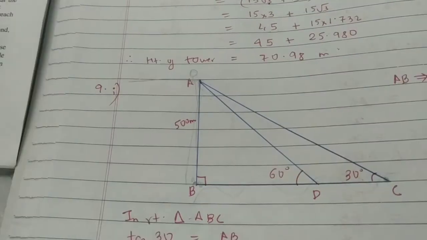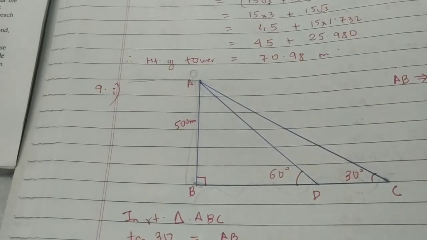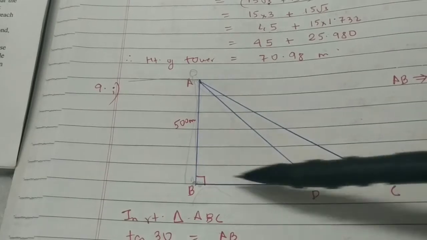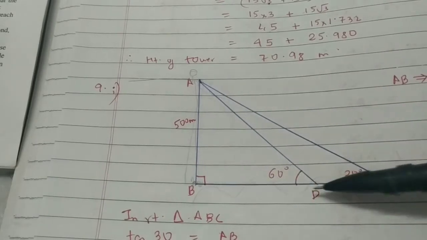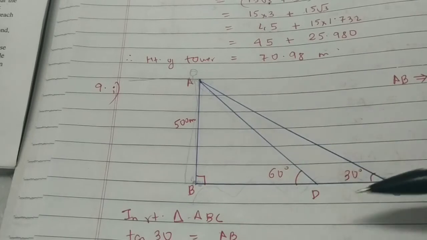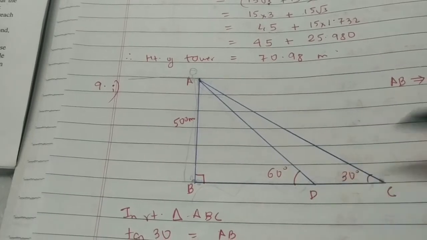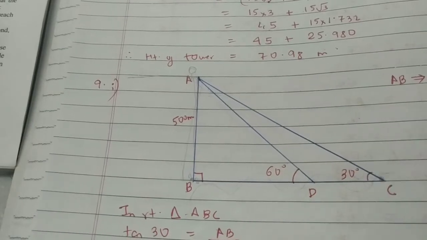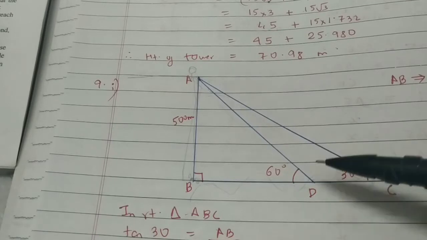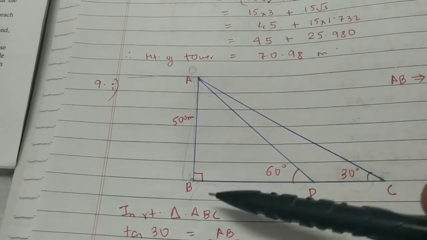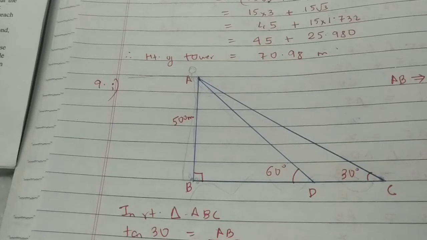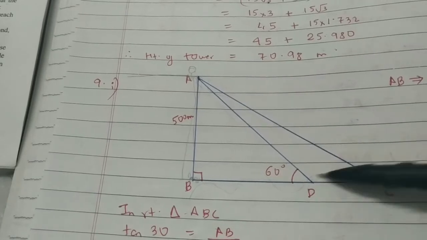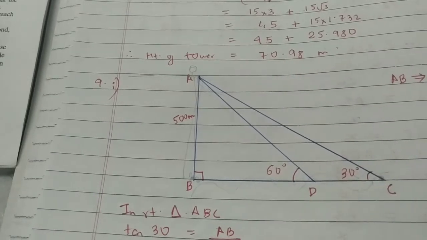Now the strategy here is we will find CB, then we'll find DB, and if we subtract it, we will get CD. And we know that CD was traveled in 3 minutes time. So using unitary method, we can find out how much time will it take to cover DB distance. And also, once we have the distance and the time, we can find the speed.